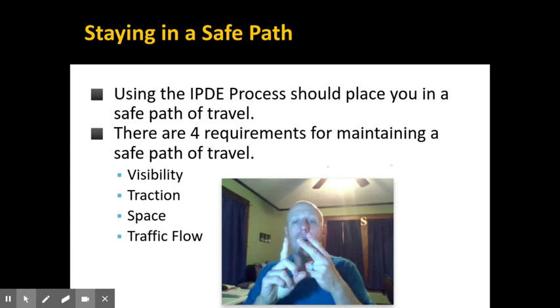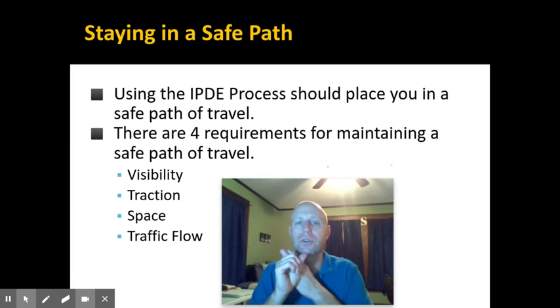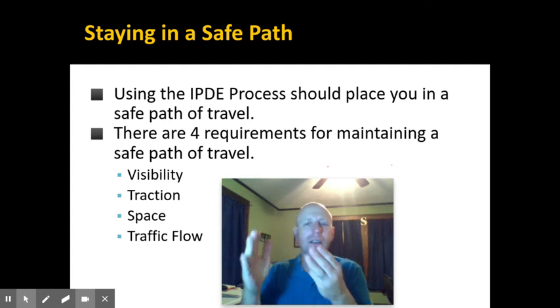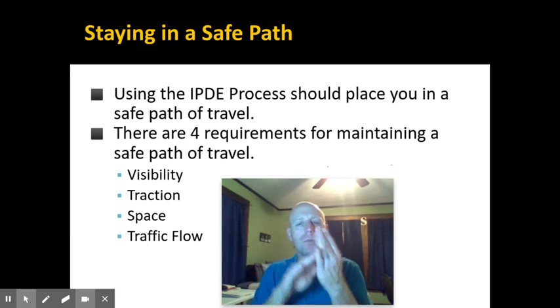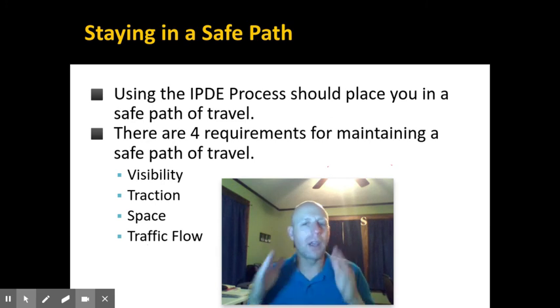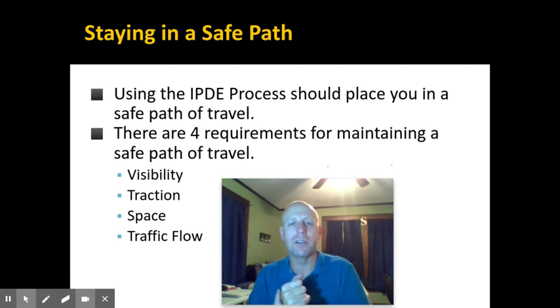Our car has good traction, so we're on good pavement. We're not losing control of our vehicle. We have plenty of space around us so that if we need to move away from some hazard, we have the room to do that. And we're in a position where we have good traffic flow. Okay, we're able to drive down the road. We don't have obstructions in front of us. And so those four things are the requirements for maintaining a safe path of travel.